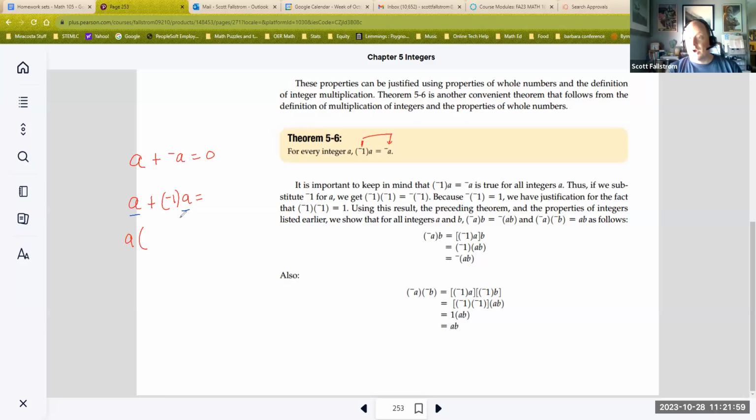That's the distributive property of multiplication over addition, and that would leave me with 1 plus -1. And 1 plus -1, those are additive inverses of each other, so this result becomes 0. And the zero property of multiplication says anything times 0 gets you to 0, which is fantastic.